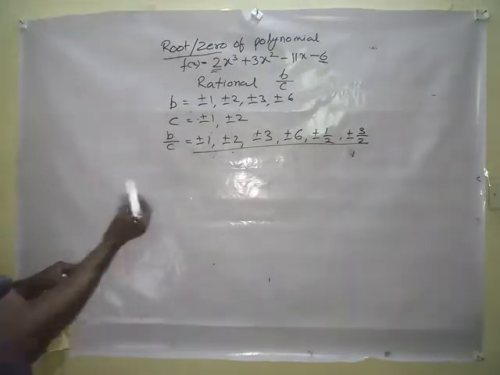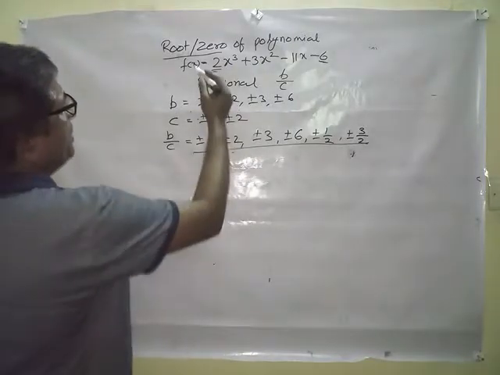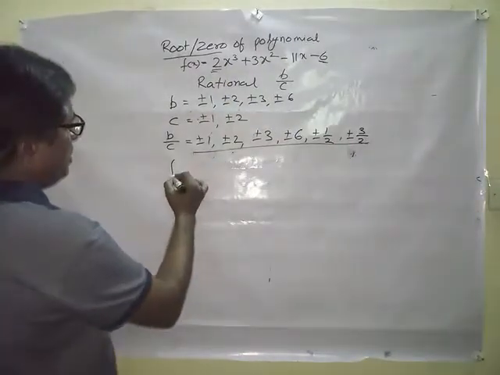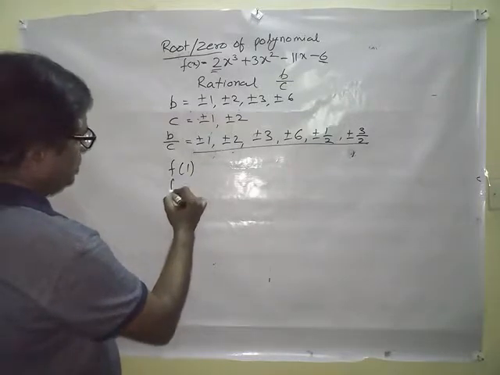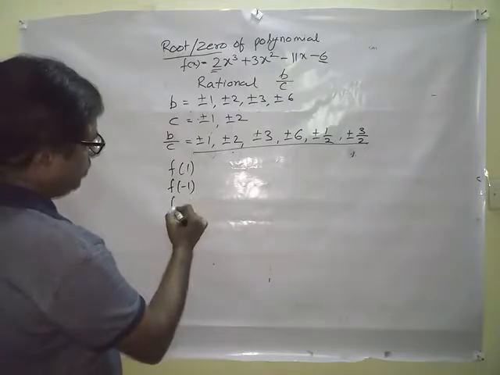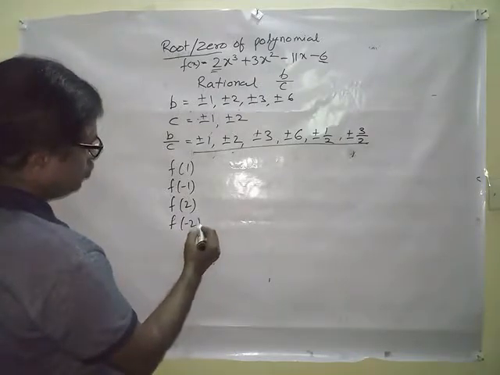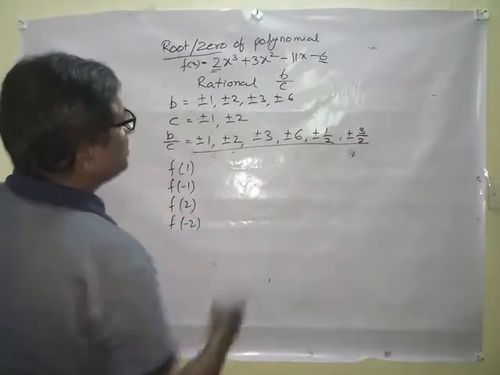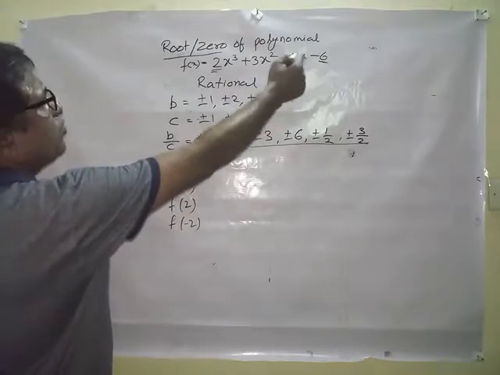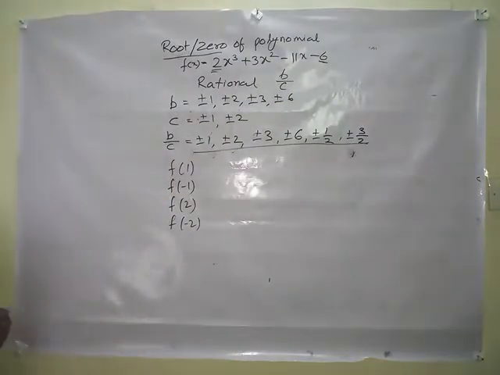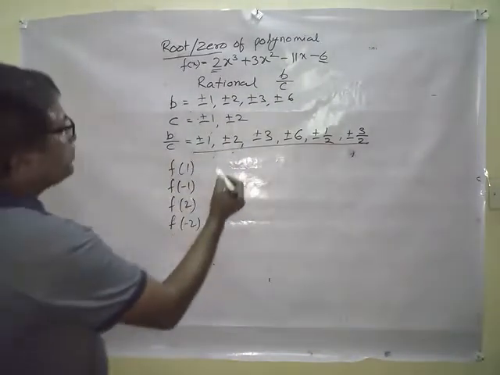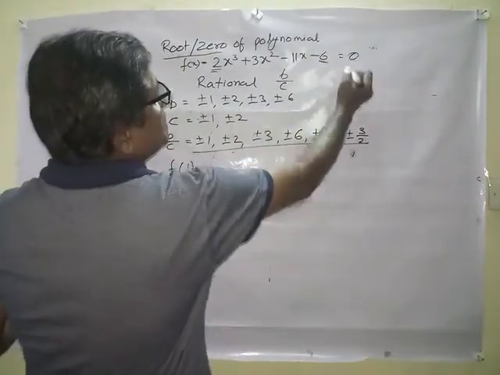So you have to keep on applying: find f of 1, then f of minus 1, f of 2, f of minus 2, one by one apply these values and find out by which value this equation is becoming zero.